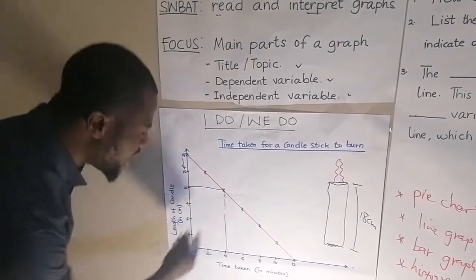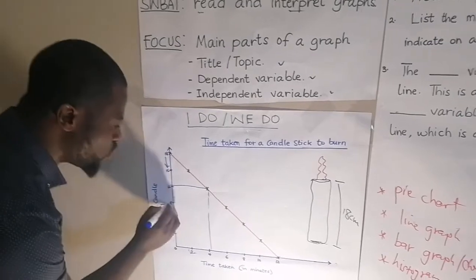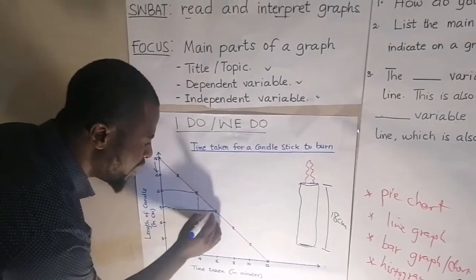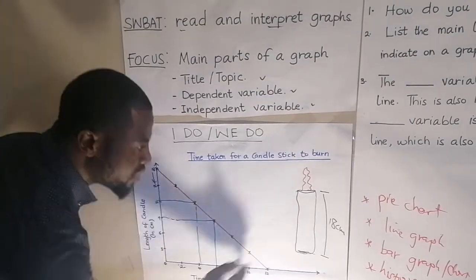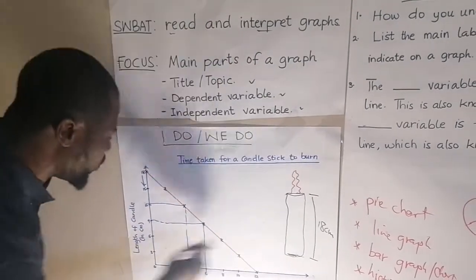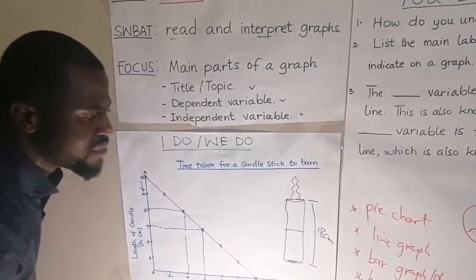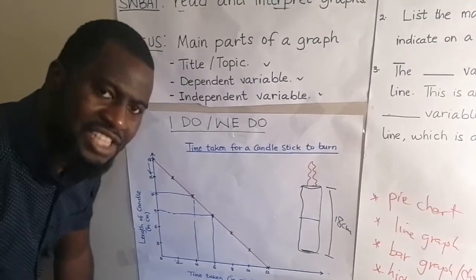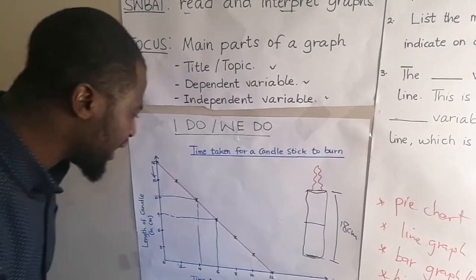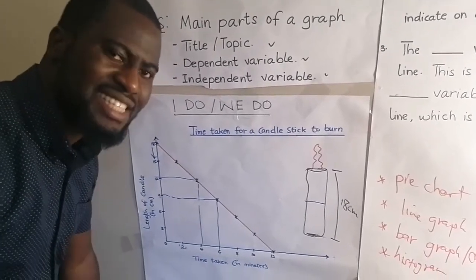Do you realize that? If the candle burns to 9 centimeters, at what time will that be? That will be 6 minutes. So if the candle keeps burning for 6 minutes, the length will be half of it, 9 centimeters. Now I want to ask you, at what minutes would a candle burn to 3 centimeters?